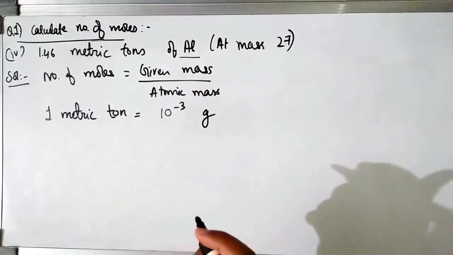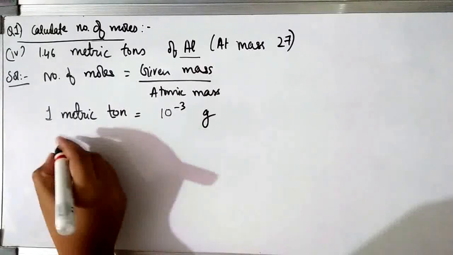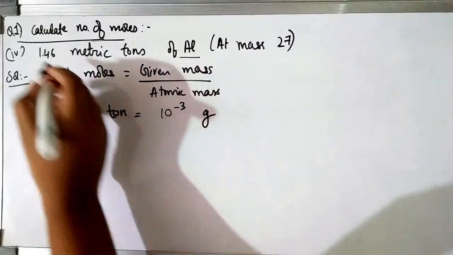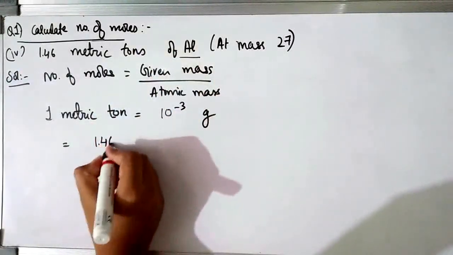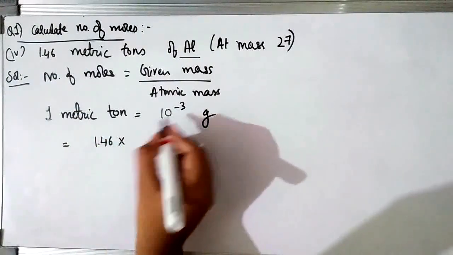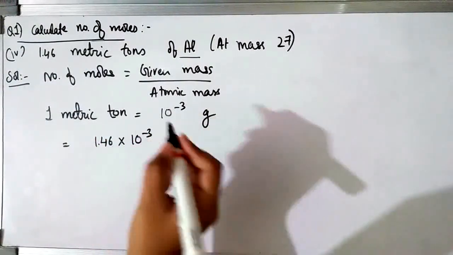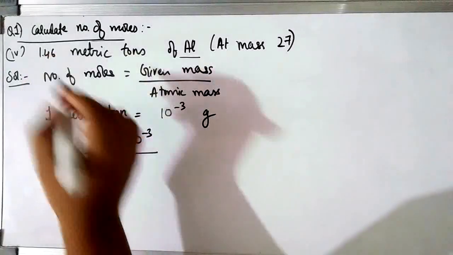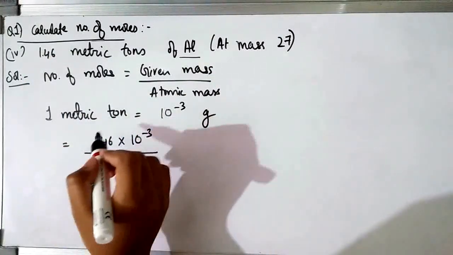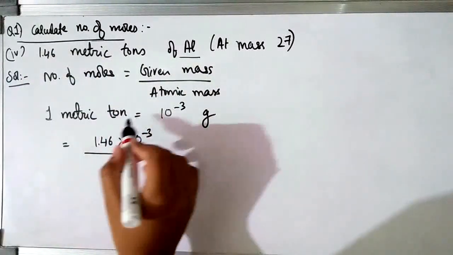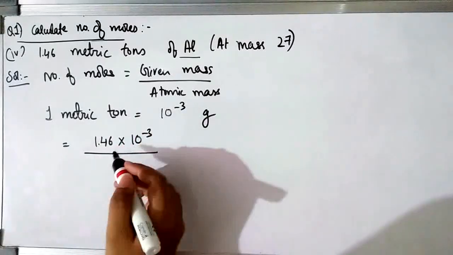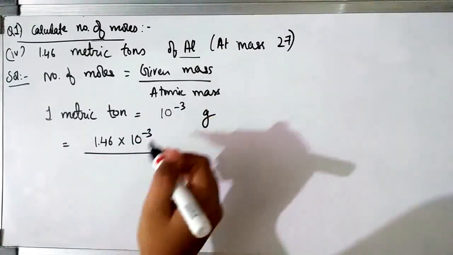So we are going to use the same formula to calculate the number of moles, which will be equal to given mass. Given mass is 1.46 metric tons, which will be equal to 1.46 into 10 to the power minus 3 grams. Okay, because 1 metric ton is this much. Now this much upon the atomic mass.